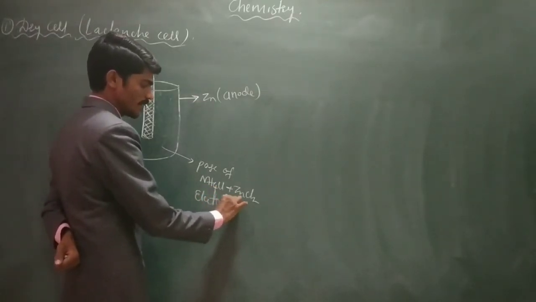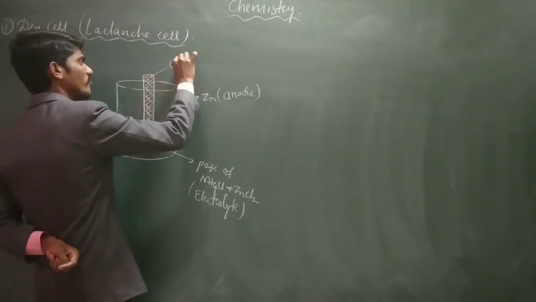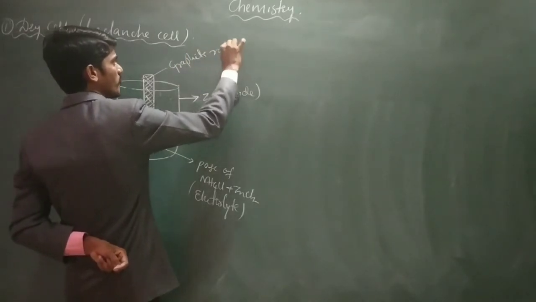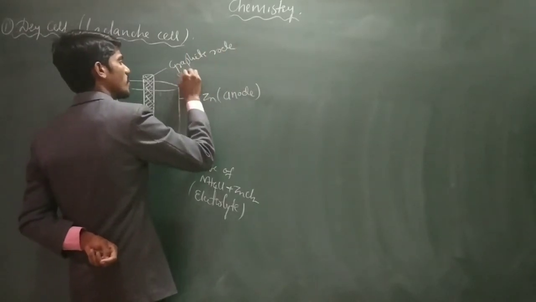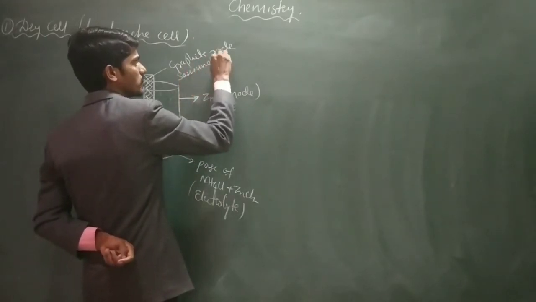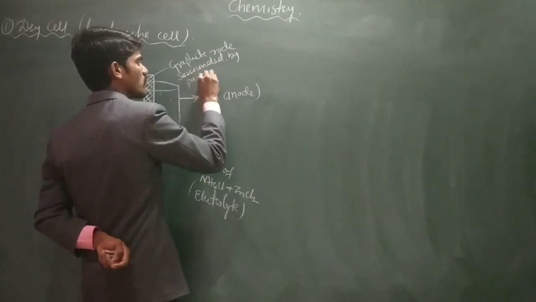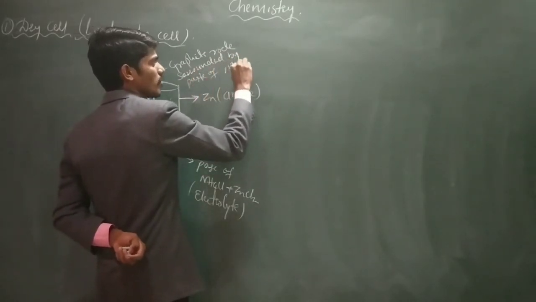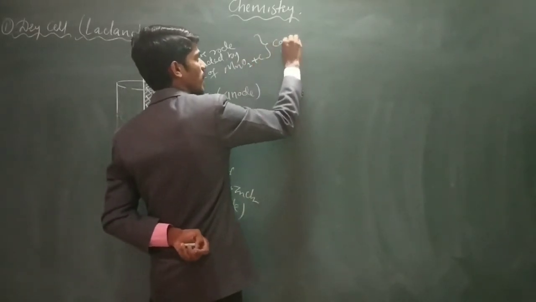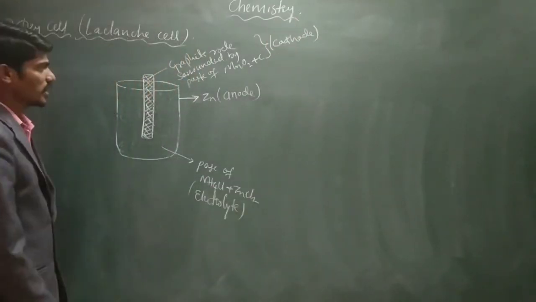Here is the electrolyte, and this is graphite. The graphite rod is surrounded by a paste of manganese oxide and carbon powder. This acts as cathode.